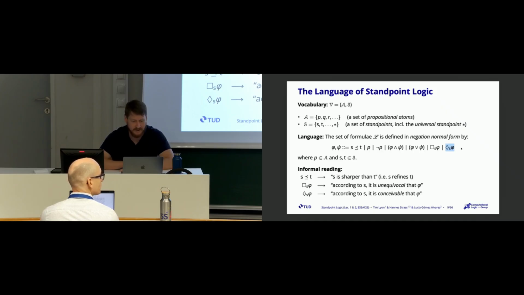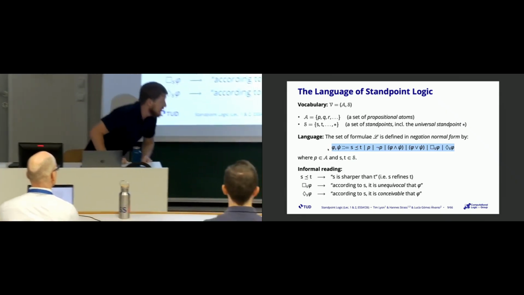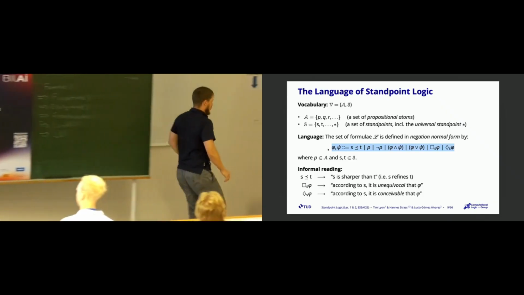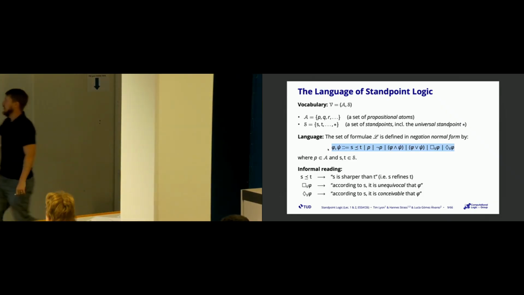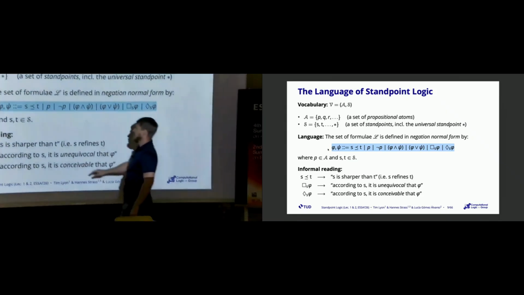Okay? So as I said before, this BNF grammar encodes an inductive definition. And let me try to show you how it does that on the slide, in case you're not familiar. So essentially, in this definition, we have three base cases.